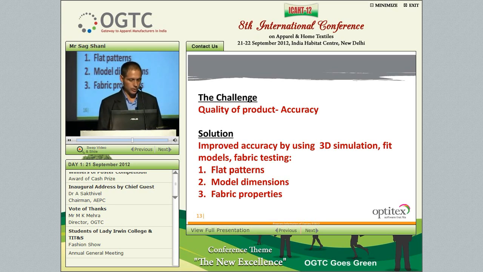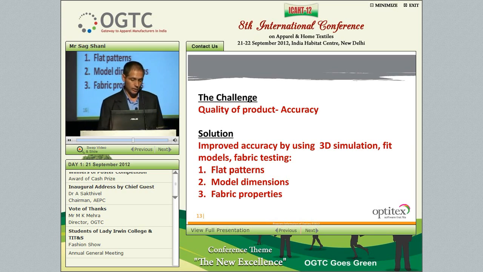We go now to the solution. So the physical simulation or the virtual garment is made out of three major inputs. One is the flat patterns. Obviously you need flat patterns in order to generate a 3D representation of a garment, just like in real life.